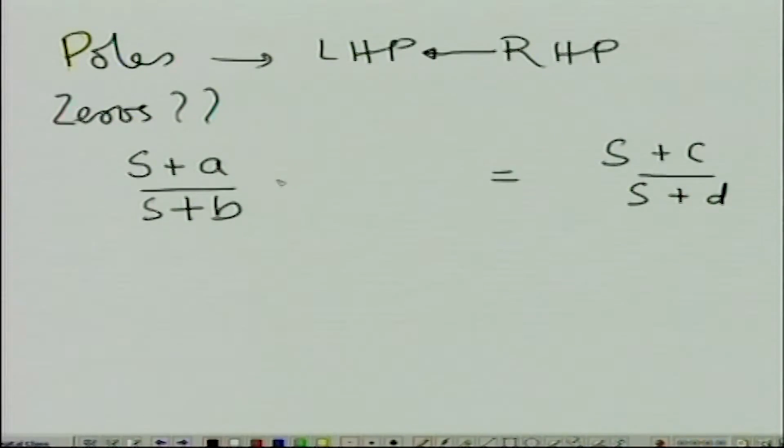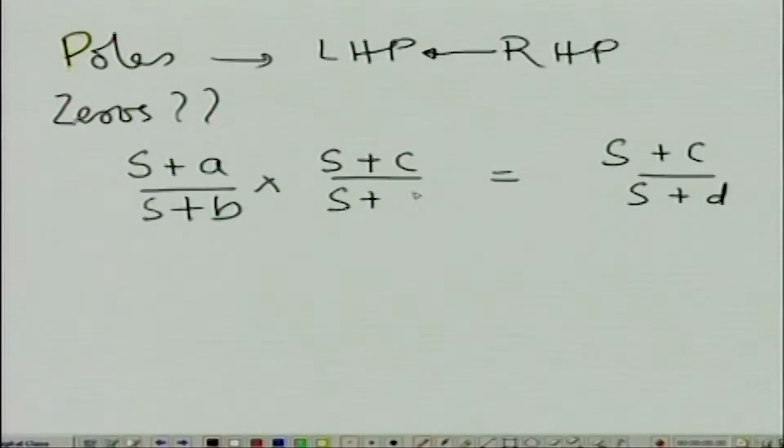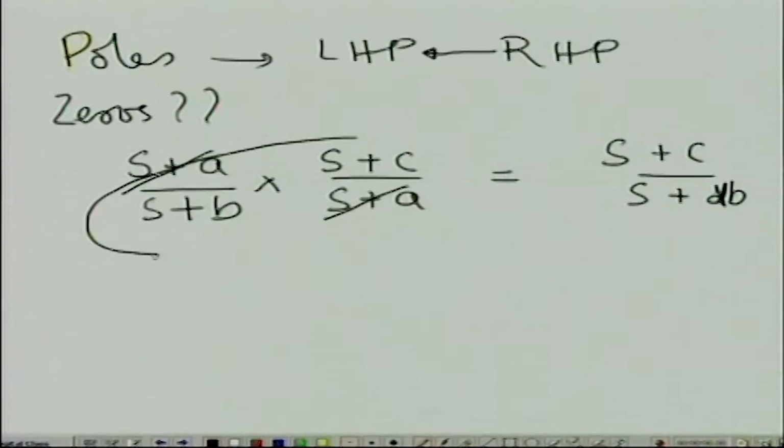We can always multiply it by s plus c by s plus a. Suppose we are talking about zeros, so let this be b only. If you want to change the 0, we can always multiply it, so that this and this get cancelled and we will get this.